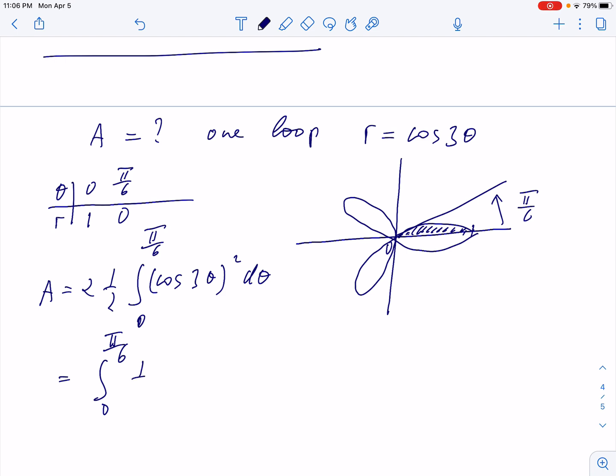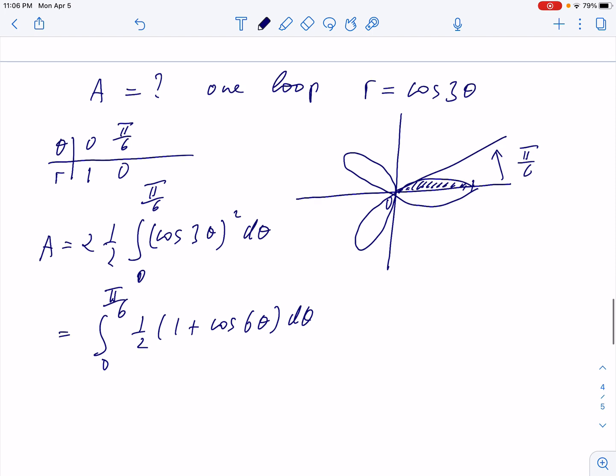Again, we have a formula. It's 1/2 times 1 plus cosine of the double angle, 6 theta, d theta. This is it. So this will be 1/2 integrating 1, that's theta. Integrating the cosine, we have sine 6 theta over 6. And we're going from 0 to pi over 6.